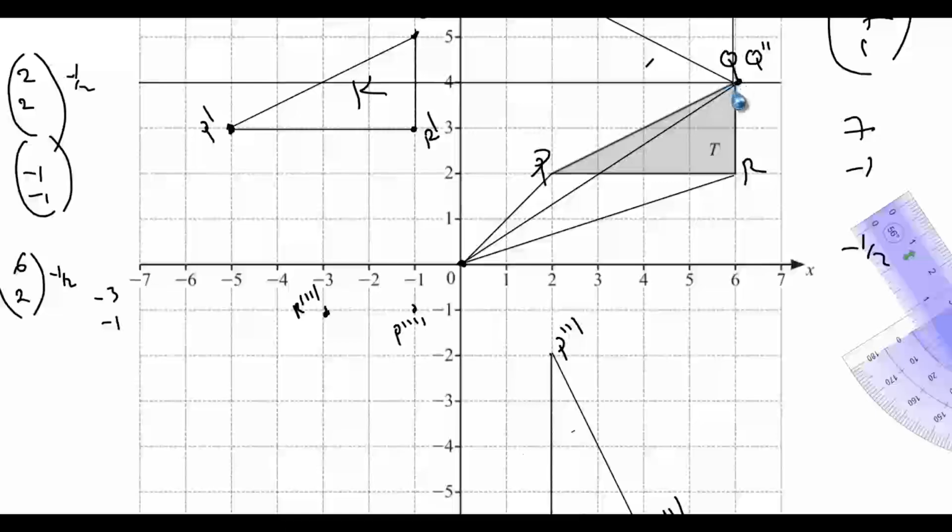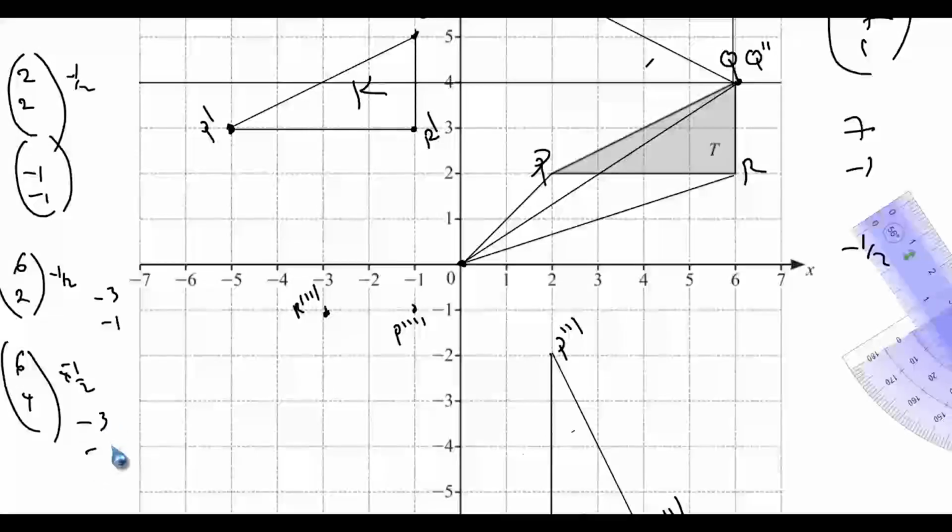And the last one will be this one here. Although I can easily half the distance here, the gap between them will be 1. But let's just count. 1, 2, 3, 4, 5, 6. 1, 2, 3, 4. So I have 6 against 4. If I multiply by minus a half, it will be minus 3 against minus 2.